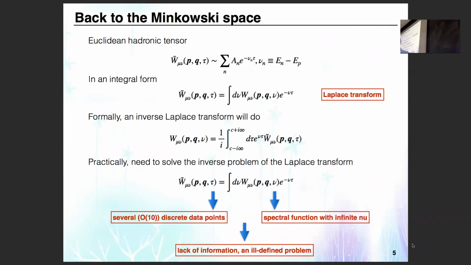So we want to reconstruct this from several discrete data points, which is in principle impossible because we lack enough information. So we call it an ill-defined problem. But in some sense, we can find the most probable image of this thing, for example by some Bayesian method. So I will talk more about this.